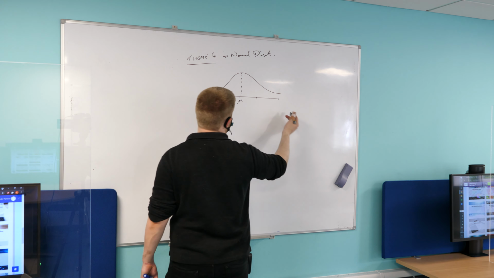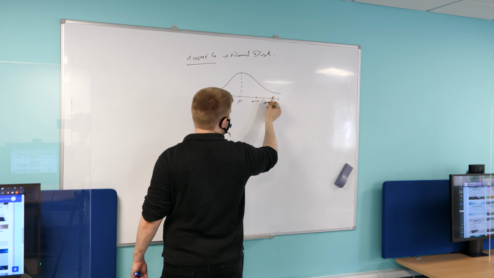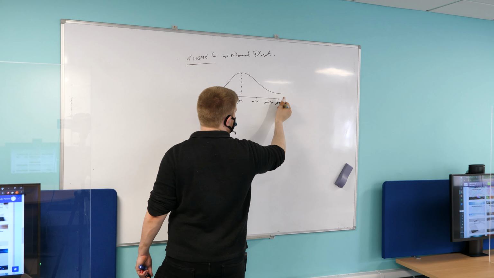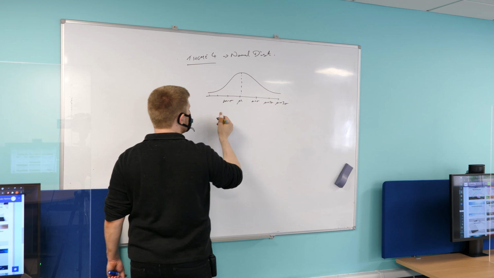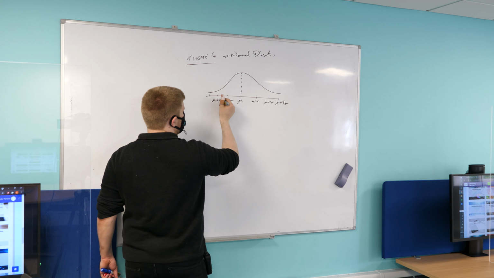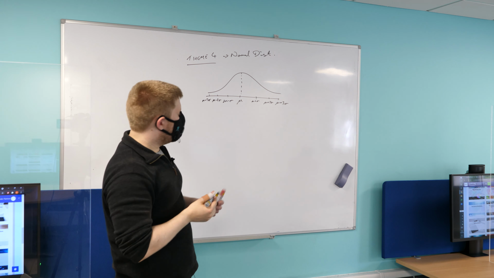So this is mu plus 1 standard deviation, mu plus 2 standard deviations, and mu plus 3 standard deviations, and the same in the other direction. So mu minus 1 standard deviation, mu minus 2 standard deviations, and mu minus 3 standard deviations, okay?